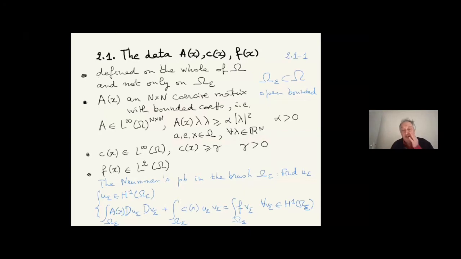So this is a classical coercive matrix with coefficients in L infinity, which is a generalization of the identity. C of x is in L infinity, and C of x is in some sense also coercive, in the sense that it is greater than some gamma, and this gamma is strictly positive. And finally, F of x is in L2.